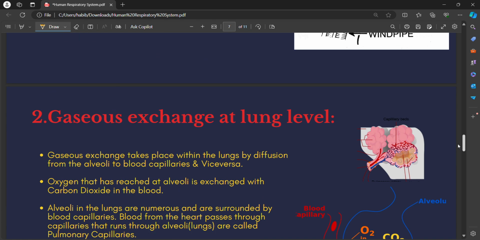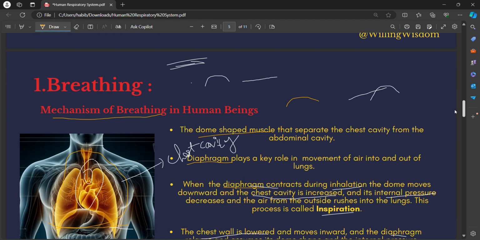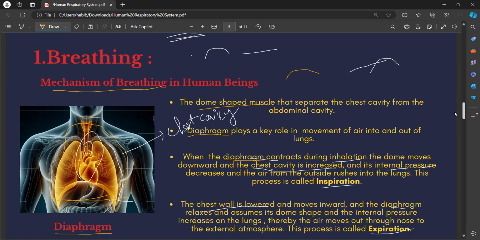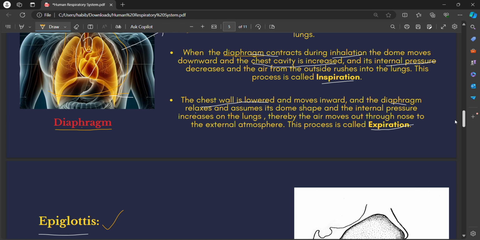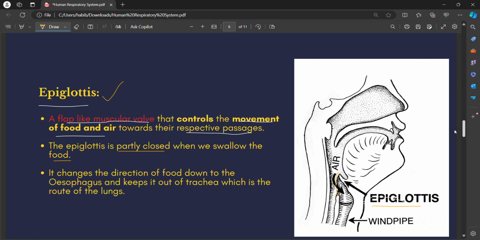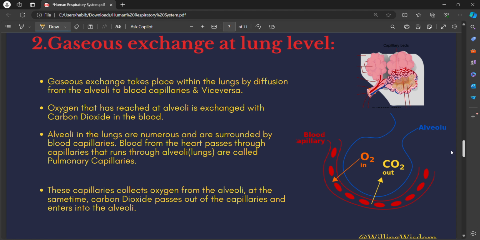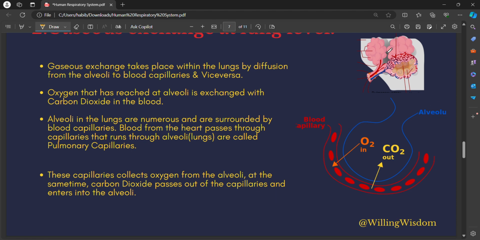The next is gaseous exchange. So under breathing we have learned two very important concepts, the diaphragm with inspiration and expiration, and then the epiglottis. Now gaseous exchange at the lungs level. Basically we have seen the sac-like structures called alveolus, right?